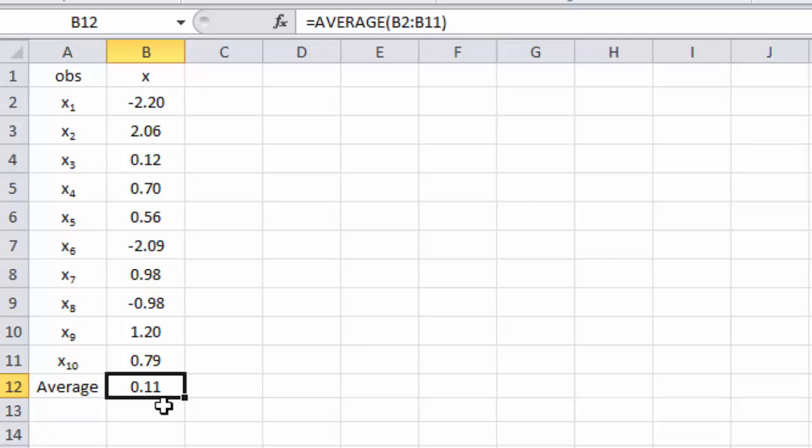So with this particular data, my estimate of the expected value would be 0.11, which is not too bad considering that the true value is 0. How well we do? Well, that depends on luck. In this case, for example, we did much worse. Our estimate would be minus 0.72. Here, a lot better.